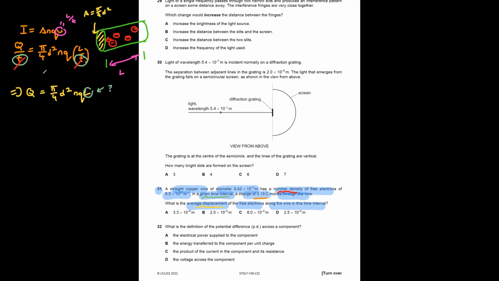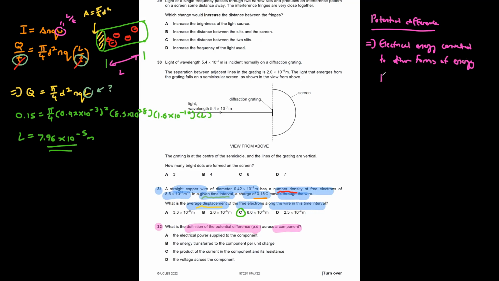So if we substitute in all our relevant values, we will get 0.15 equals pi over 4 times d squared of (0.42 times 10 power minus 3) squared, then multiply with your number density of 8.5 times 10 power 28, then multiply with the charge of electron of 1.6 times 10 power minus 19, and then finally L would eventually be 7.96 times 10 power minus 5 meter. This one will actually be answer choice C if you round it up to 3 significant figures.